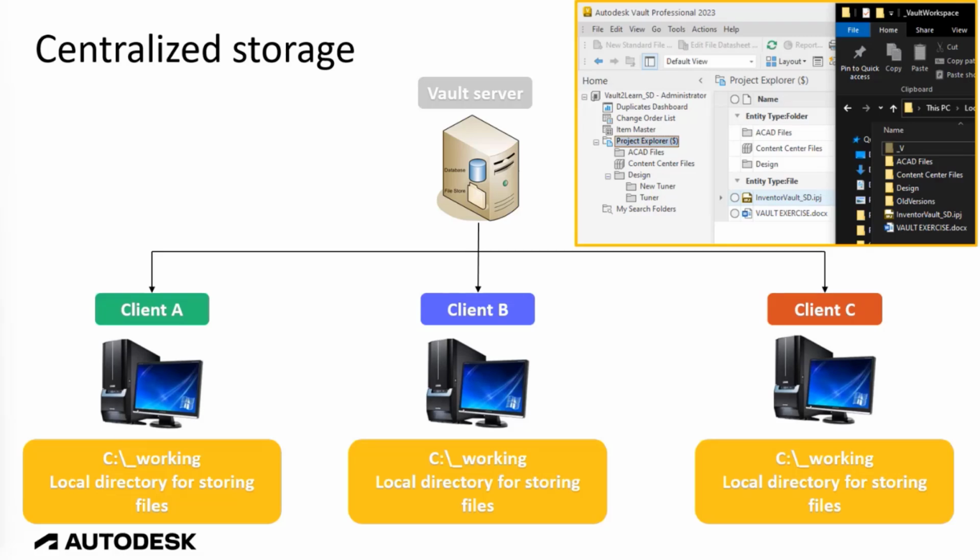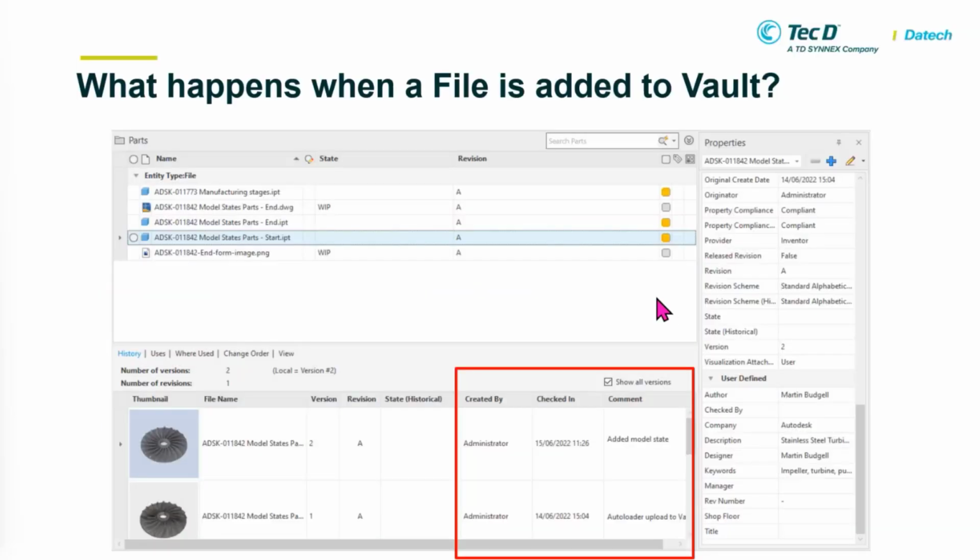The file structure, or file hierarchy, within Vault and also Windows Explorer is the same, so we follow the same folder structure. As you can see on the top right-hand side in the screenshots, the left-hand side, the gray one, is inside the Vault Professional interface, and the black one is my Windows Explorer interface.